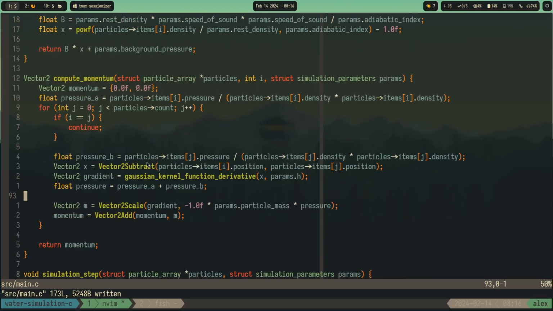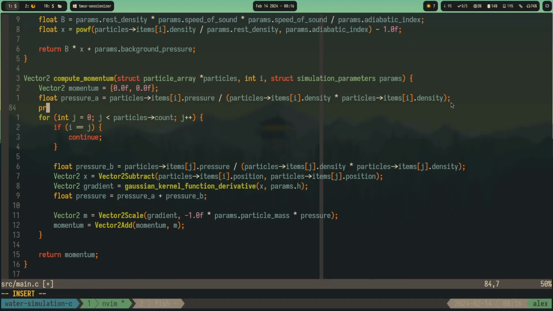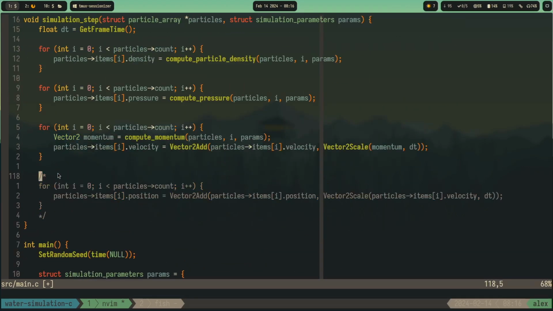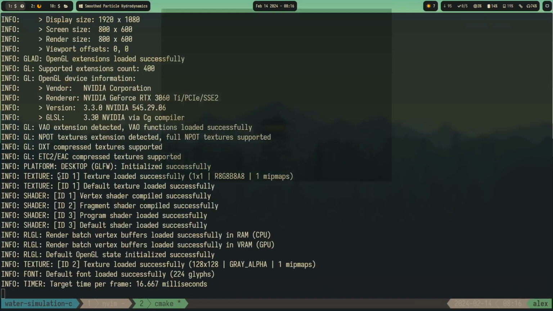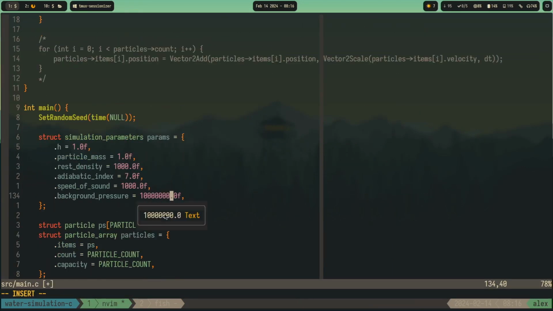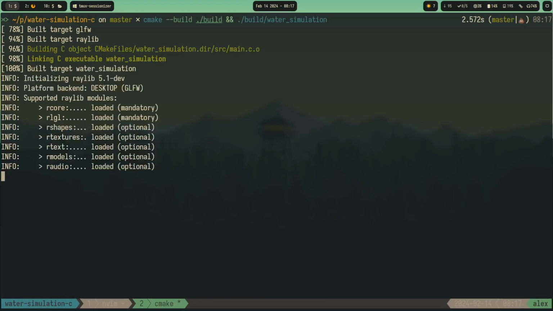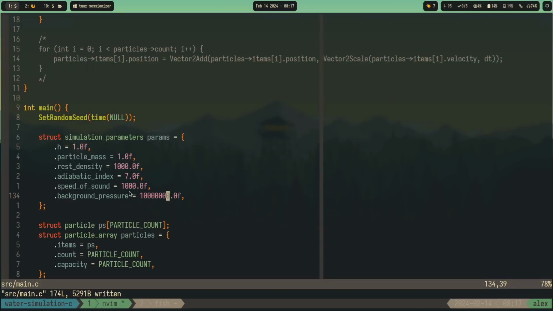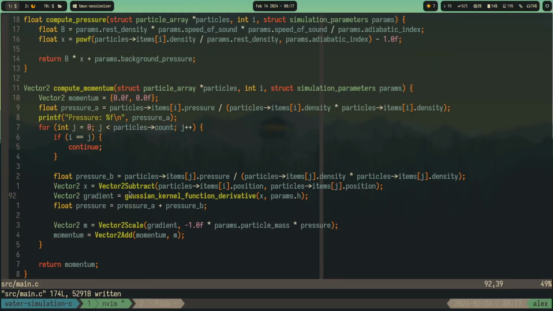The momentum. I mean, everything is just from the paper, so let's see, printf pressure A. Let's just move this thing here and see what happens. So pressure A is pretty random. It is just randomly going at it.